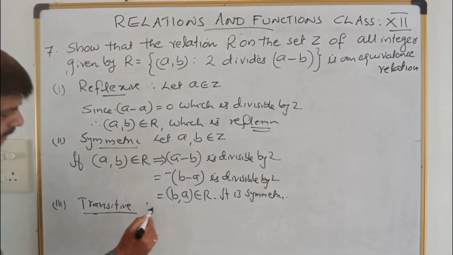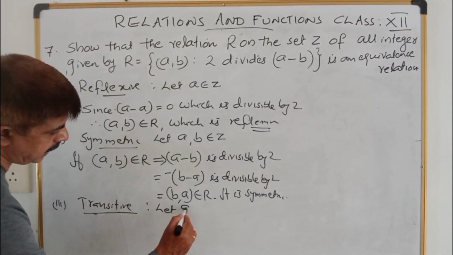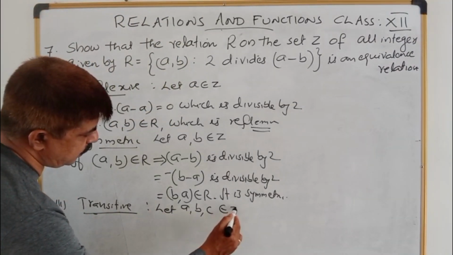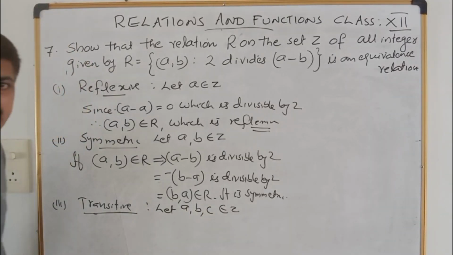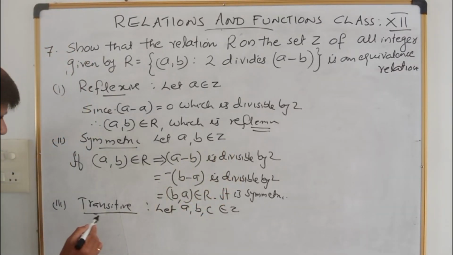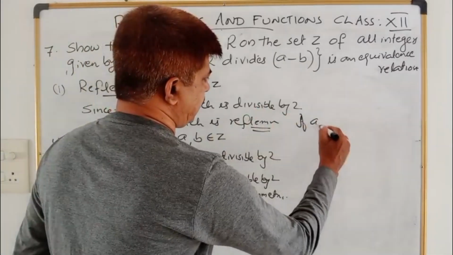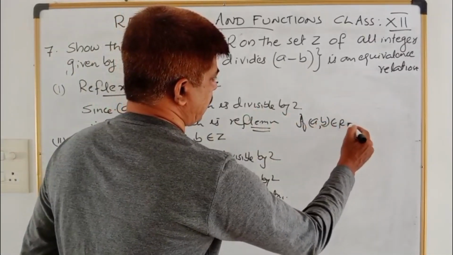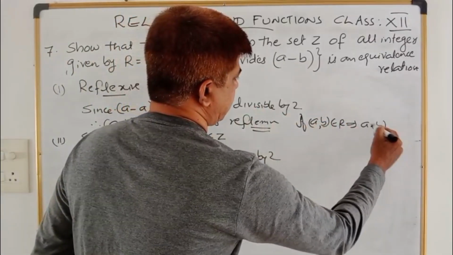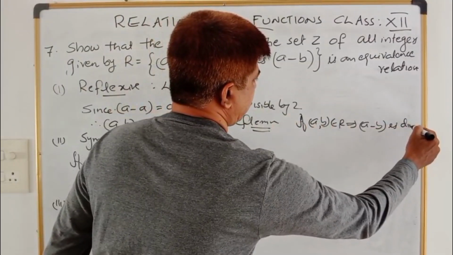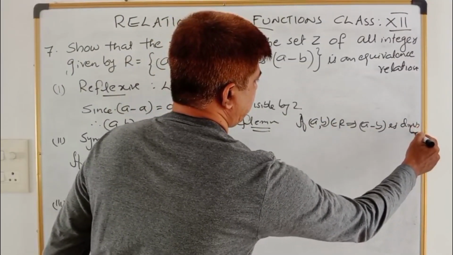So we have to take A, B and C belongs to Z. If (A, B) belongs to R, what can you write? A minus B is divisible by 2.